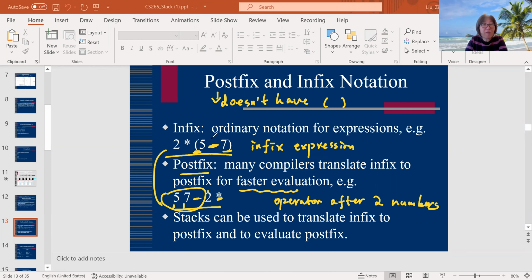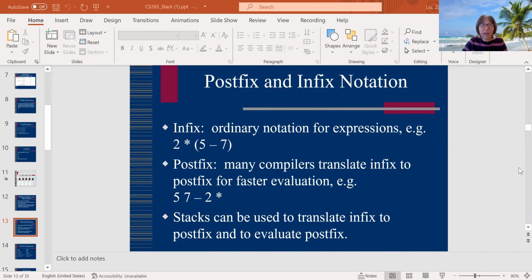Then how do we convert from infix to postfix? We will learn the algorithm. We can use a stack. And if you have the postfix, how are we going to evaluate the postfix? We can also use the stack. So that's what we will learn today.